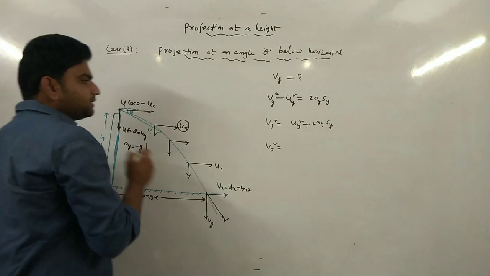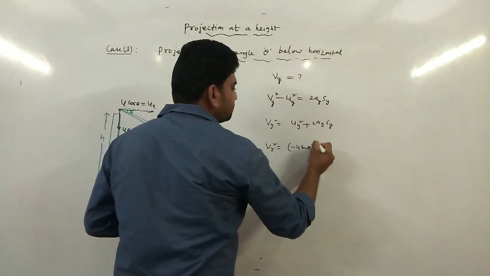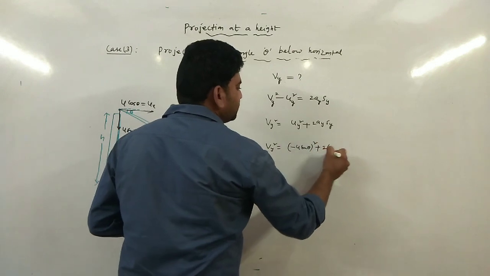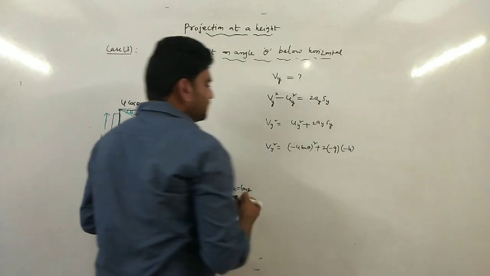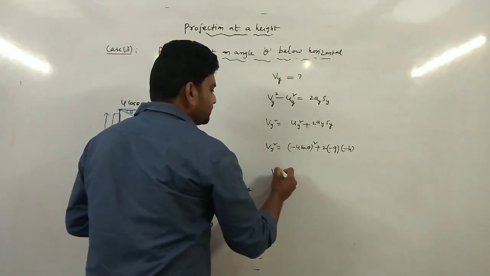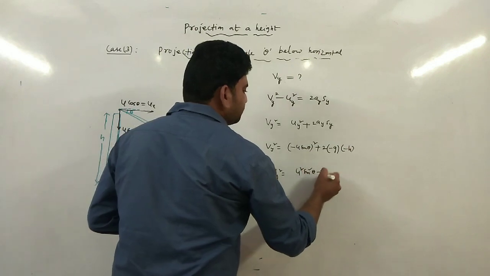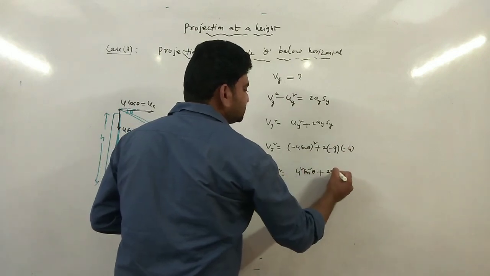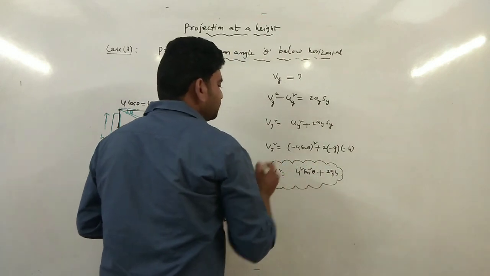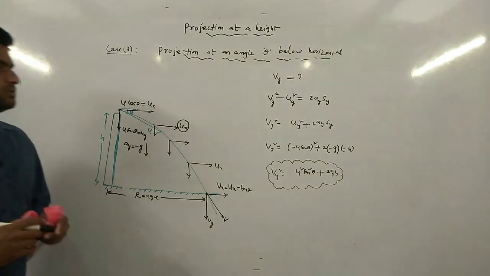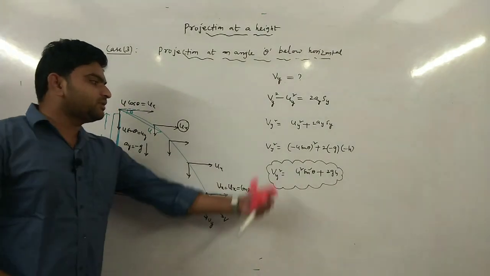That is minus u sin theta whole square, plus 2 into ay, which is minus g, and sy is minus h. From here Vy square can be written as u square sin square theta plus 2gh. So this is the value of my Vy square, from here we can find the Vy value. This is the way to calculate vertical velocity. Just remember the value.